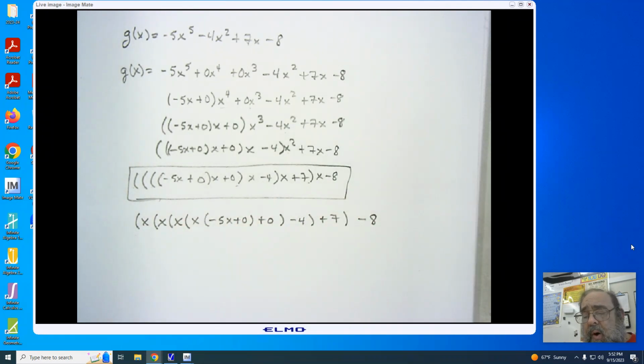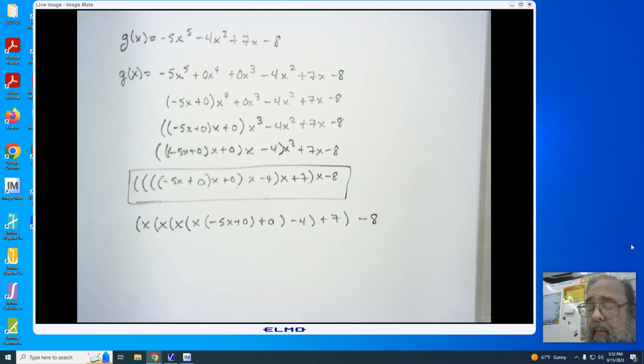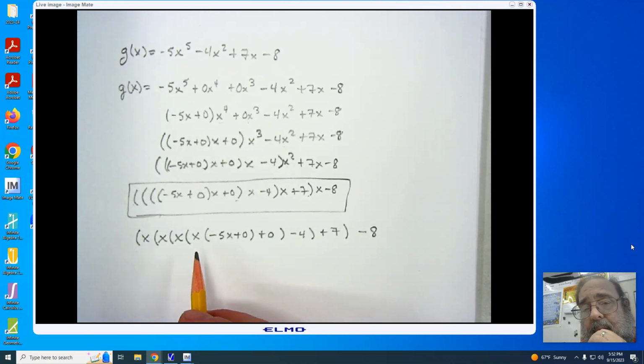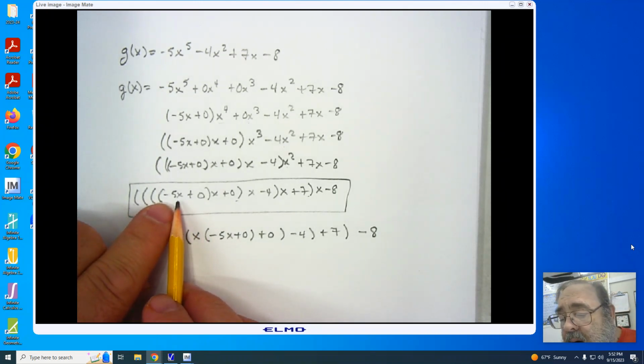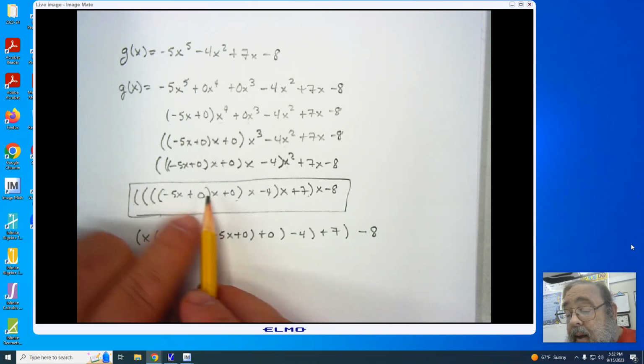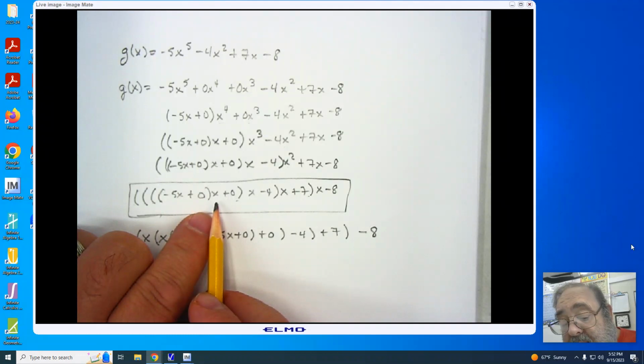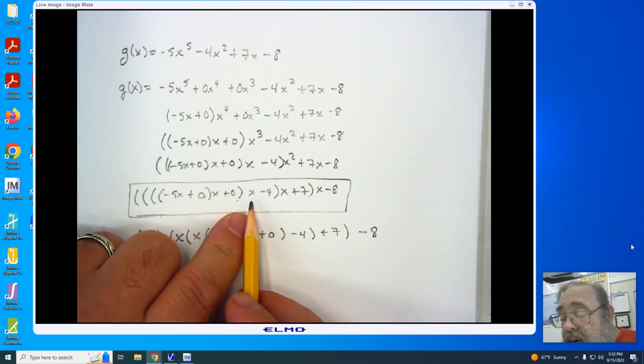So how does this work with synthetic division? Well, let's just think. What if I were to have negative 2 as the root that I wanted to test? If I were to plug in negative 2 here, I would get negative 2 times negative 5 gives me a positive 10. Times the negative 2 gives me a negative 20. Times the negative 2 gives me a positive 40.